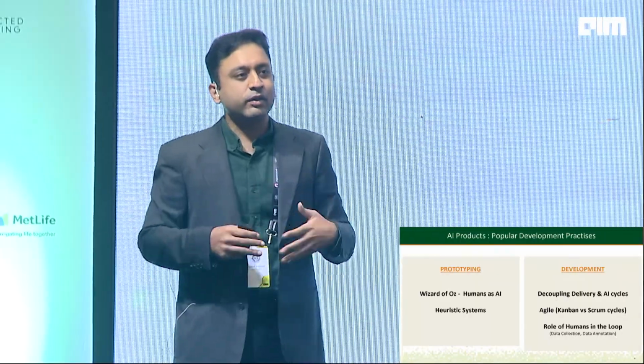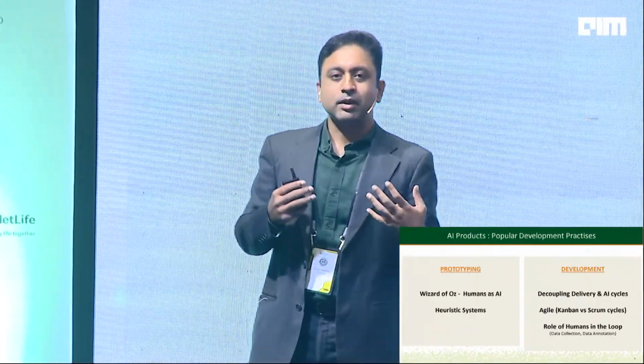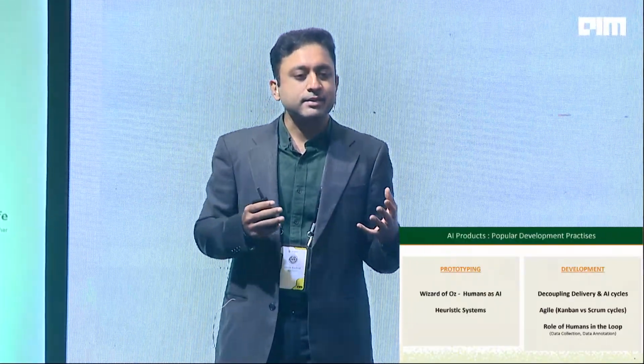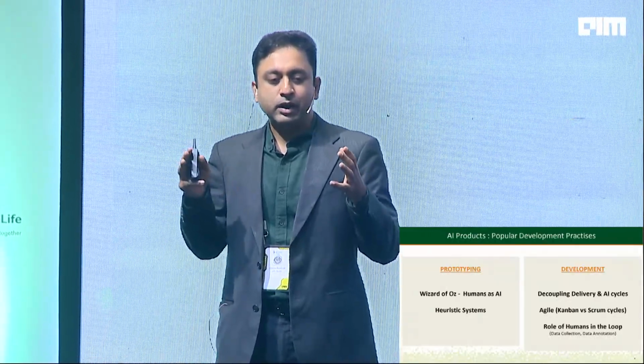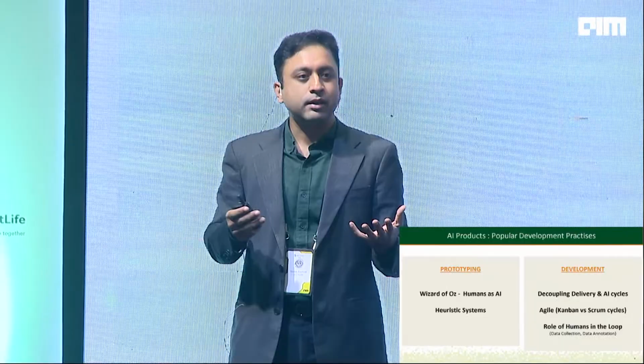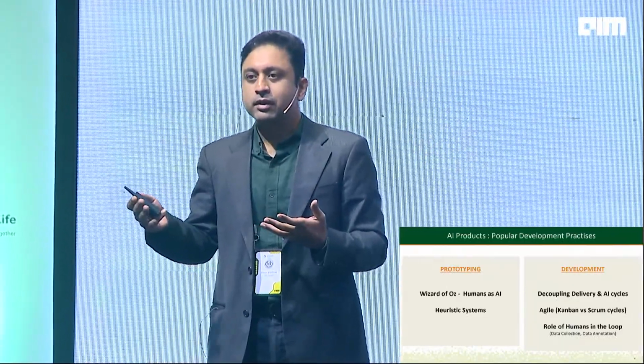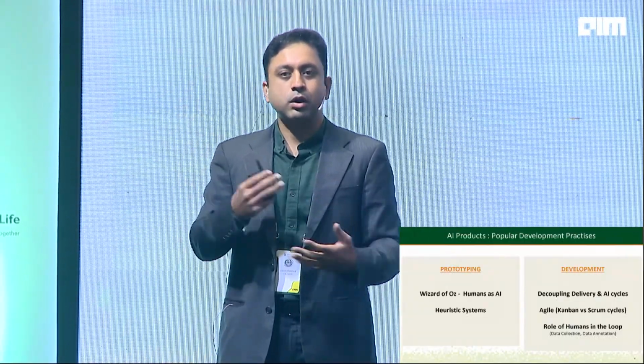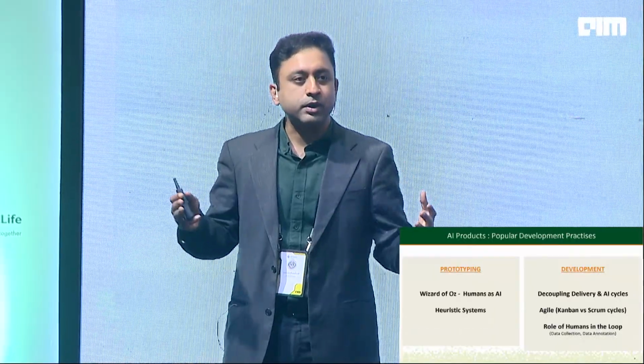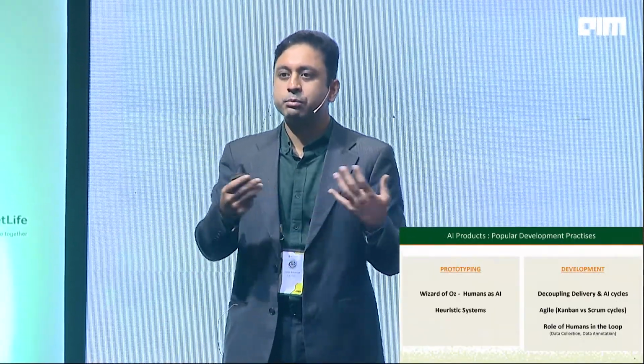The second is heuristic systems, right? Whenever we talk about building a statistical system, or building an ML or a DL system, in many cases a good proportion of it could also be defined by simple rules. We don't really have to build models all the time. Let's say 30, 40% of the problem could be solved by simple rules.